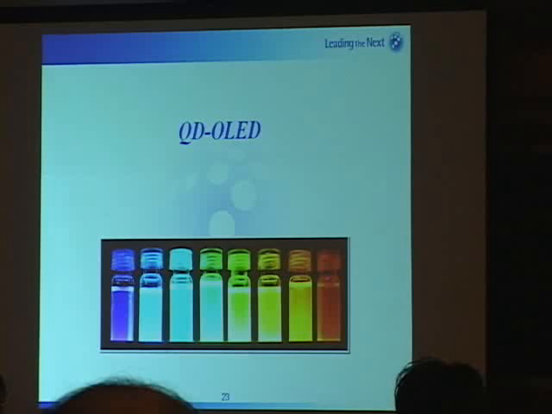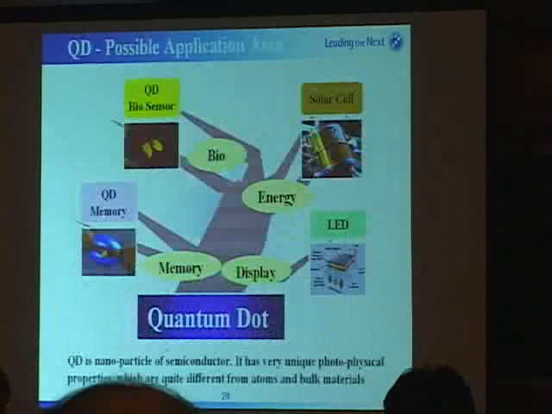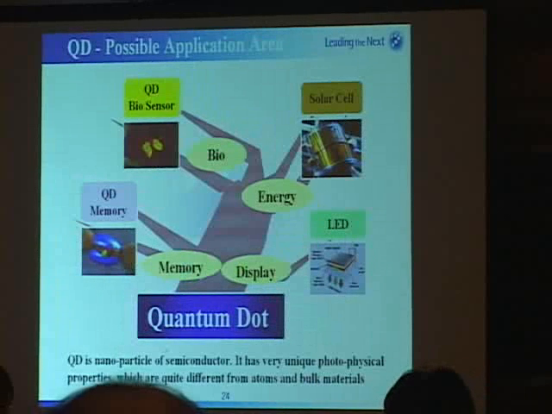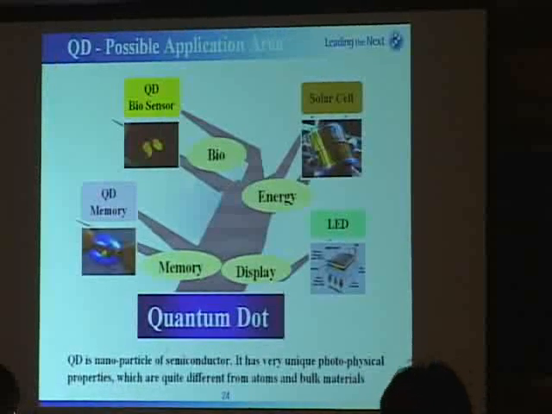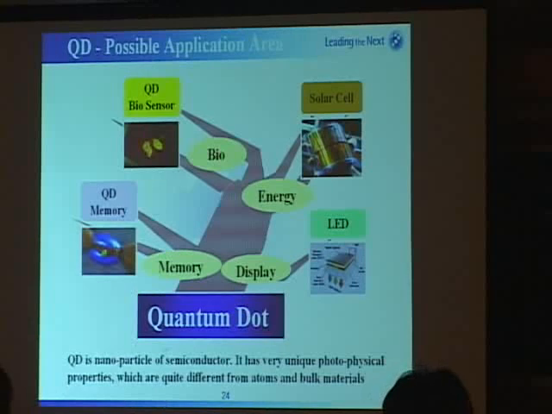Next is the quantum dot OLED. This picture shows the possible application areas of quantum dots. As you know, the quantum dot is a nanoparticle of semiconductor. Its photophysical properties are quite unique, different from atoms and bulk materials.